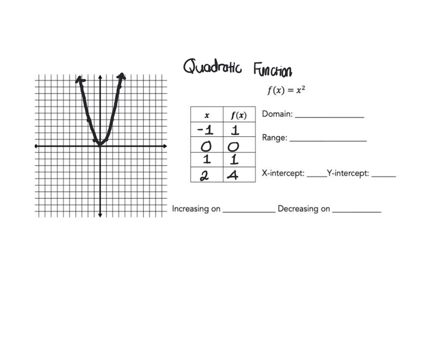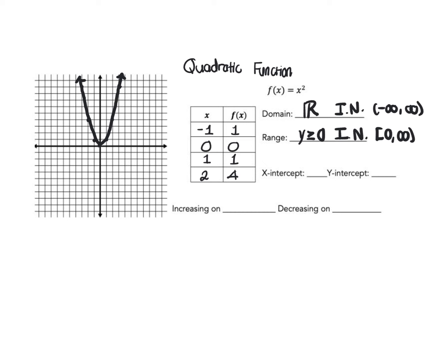So the domain of this graph is all real numbers. So in interval notation, that's negative infinity to positive infinity. And then the range is y must be greater than or equal to 0. Interval notation, 0 to infinity with a bracket.